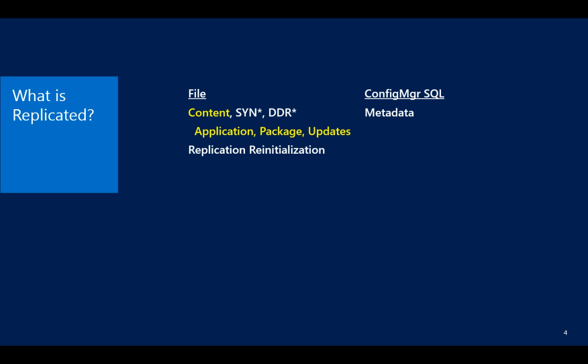There's no content, no actual patch files that are coming down as a part of that synchronization. It's just metadata. So in Config Manager 2012, as you see on the right-hand side, metadata is really replicated by Config Manager SQL replication, and that's certainly true of software update metadata as well, right?